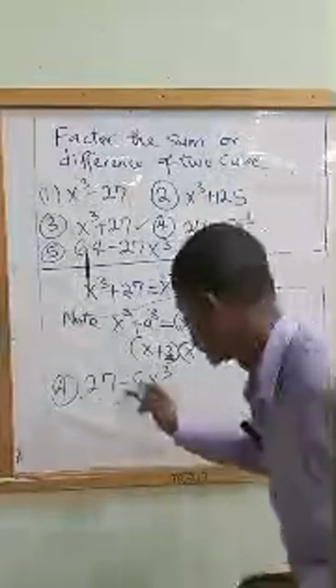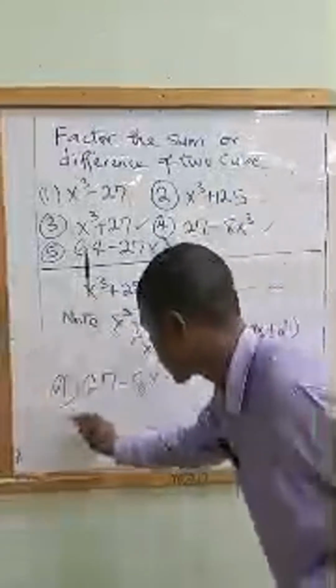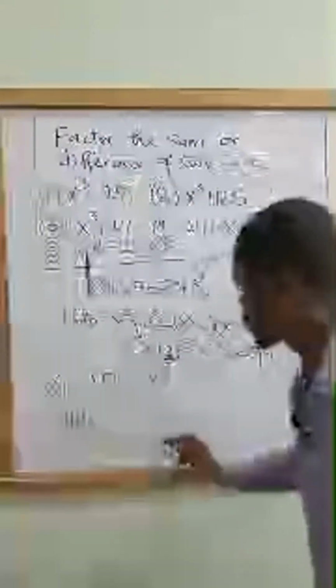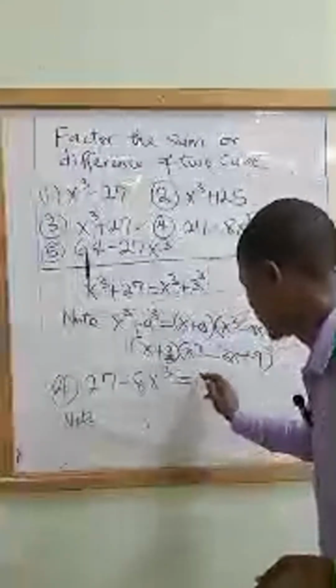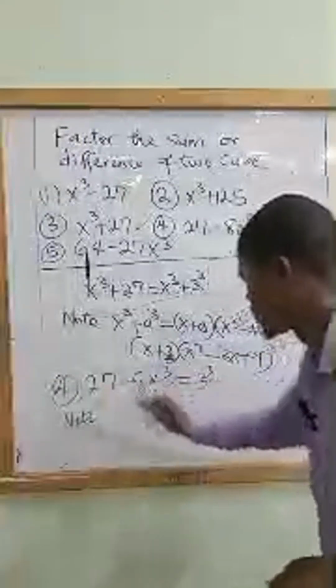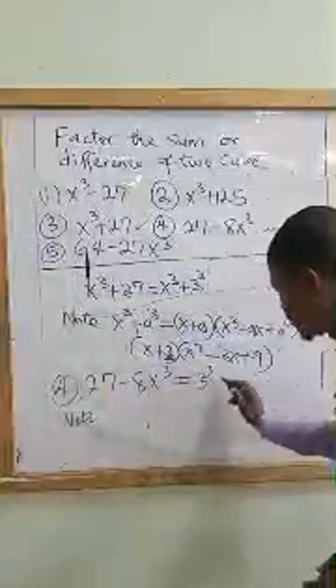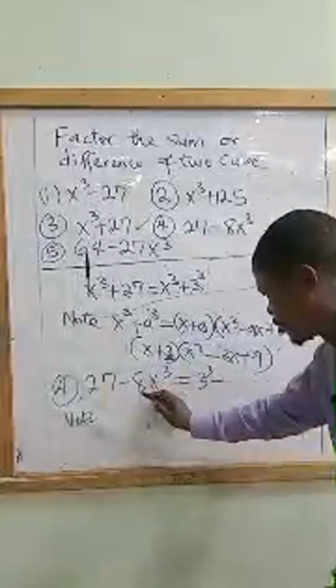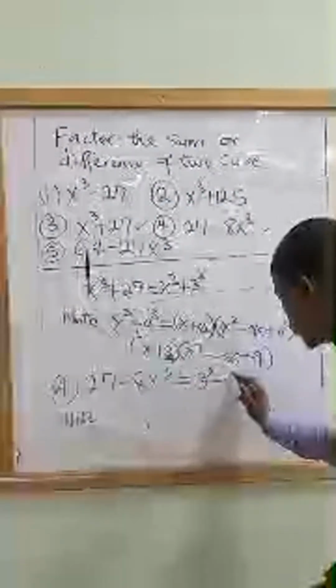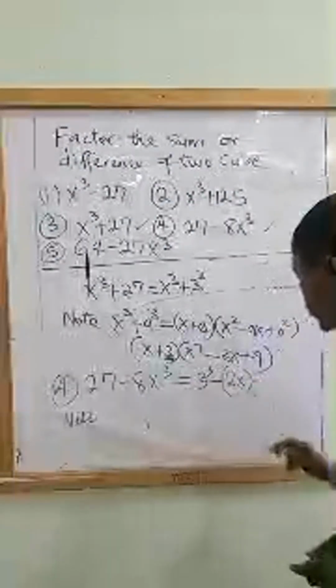This will be equal to, let me take us back to the identity. Actually, this one is 3 cubed for 27, and this 8 is also 2 to the power 3, so that will be 2x to the power 3.